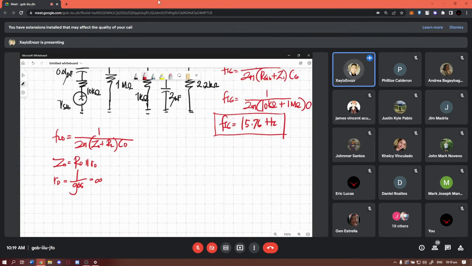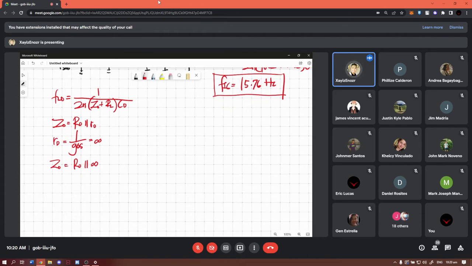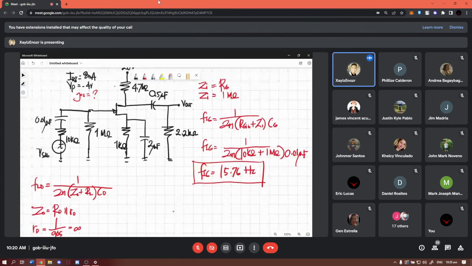So Zout is equal to RD parallel with infinity. When we have two parallel resistances and one is very large, the equivalent resistance becomes equal to the smaller resistance. Therefore, RD parallel with infinity gives Zout equal to RD. Since Zout is RD, our output impedance will be 4.7 kilohms.